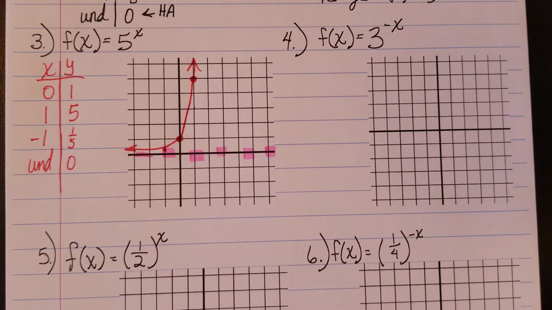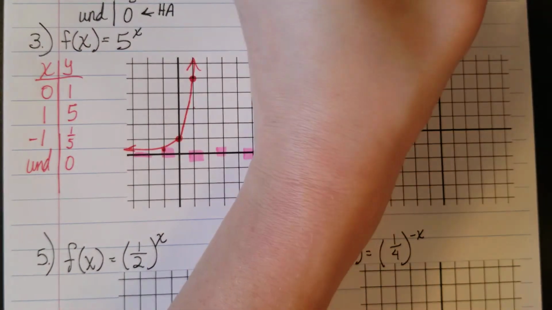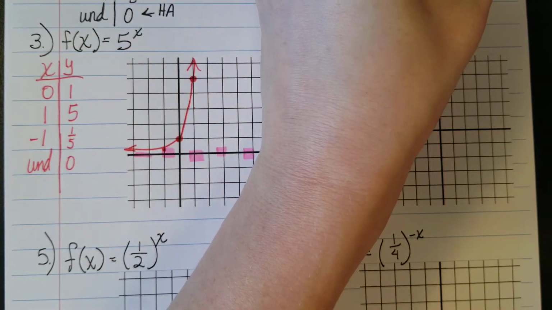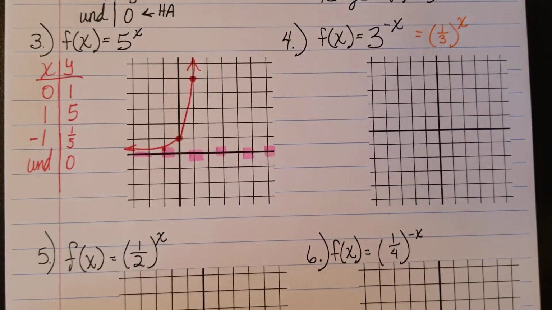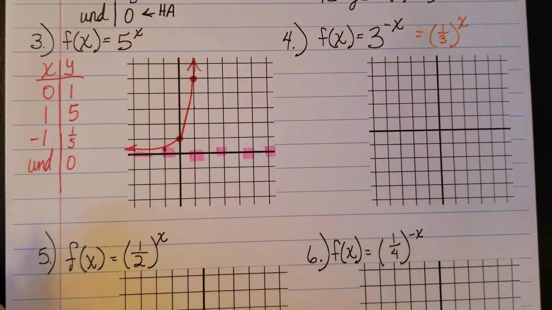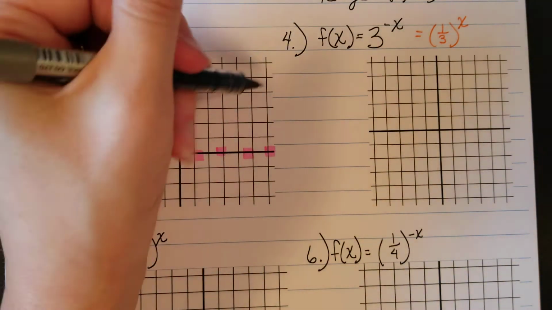Number 4, 3 to the power of -x. That is also the same thing as 1/3 raised to the power of x. Whichever one of those appeals to you, it doesn't matter. They're both the same.